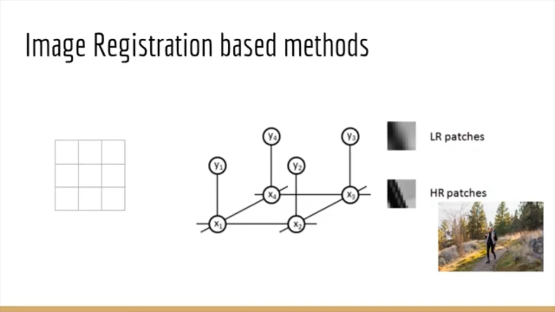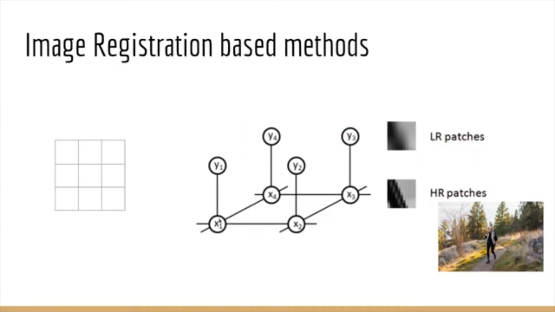In this image, consider the four internal intersections to be x1, x2, x3 and x4. By x I mean low resolution patches, and by y I mean high resolution patches.